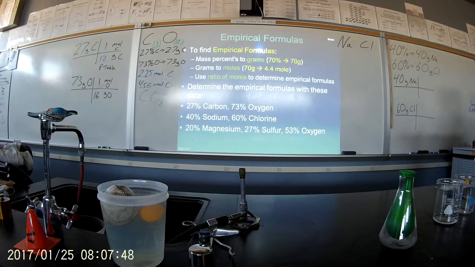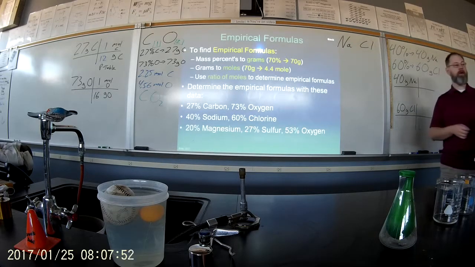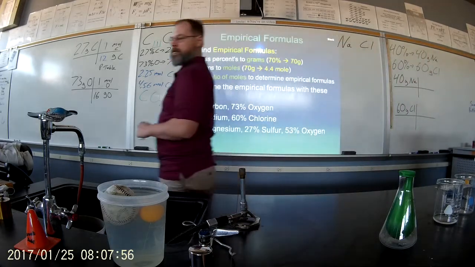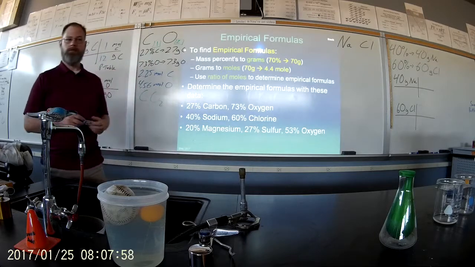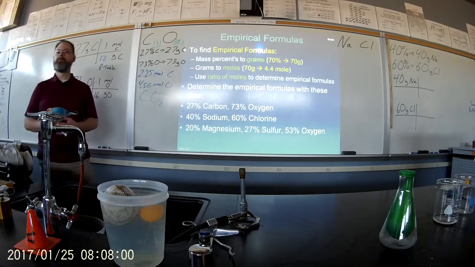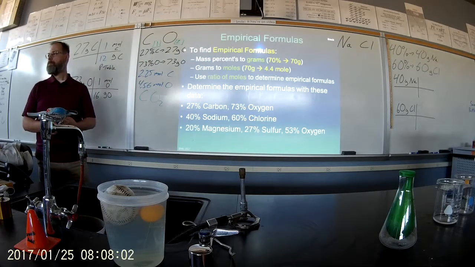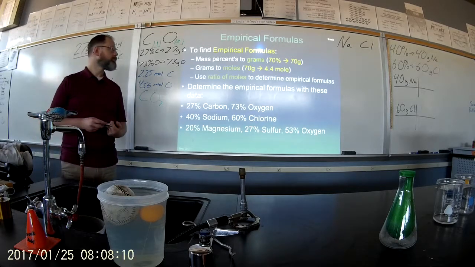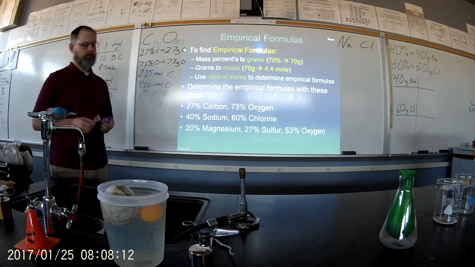Find the molar mass of chlorine and sodium, so you can do their T-chart and convert those to moles. Then we would divide 40 by 20%. And I got 1.7.